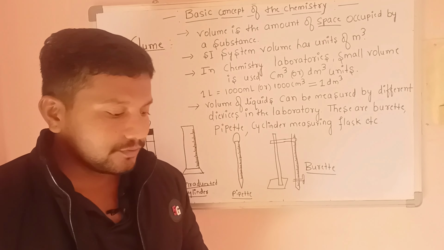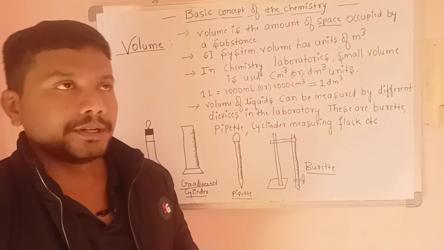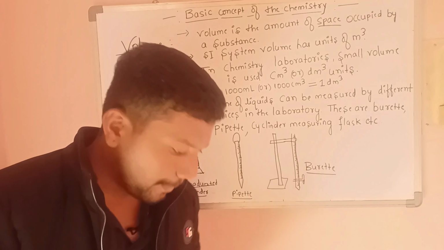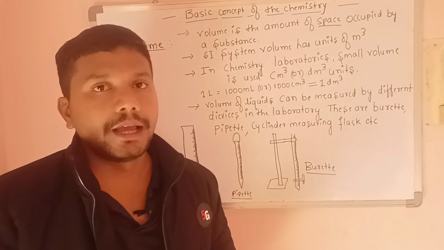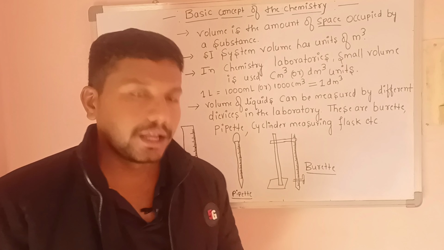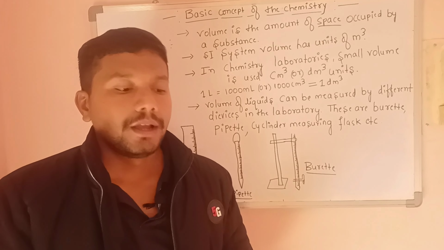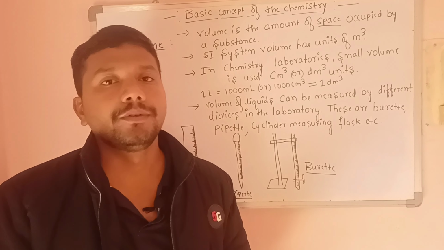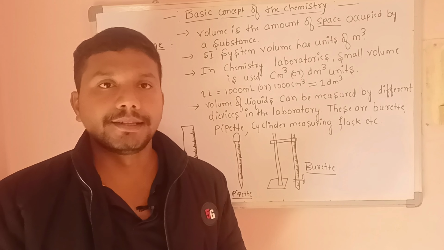This volume also has a unit, the SI unit. Generally the SI unit of volume is meter cube, but meter cube is not used in the laboratory. In chemistry we work in labs, where we use some amount of solutions to prepare a synthesis.